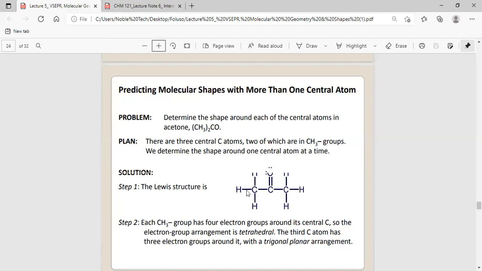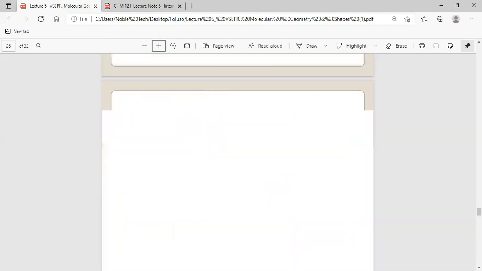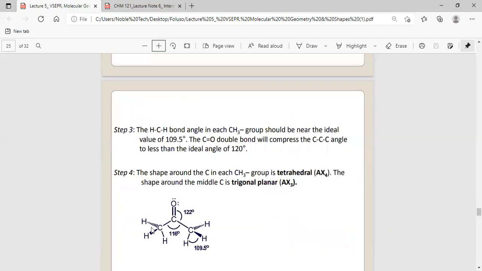This is sp3 hybridization, this is sp2 hybridization, and this is sp3 hybridization. So in that case, this will be tetrahedral, this will be tetrahedral, and this will be a trigonal planar structure. So let's look at what we're talking about. This is tetrahedral. This is tetrahedral. The angle here is 109.5. The angle here will also be 109.5, because they are tetrahedral.